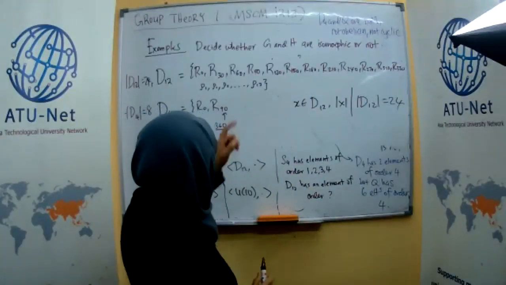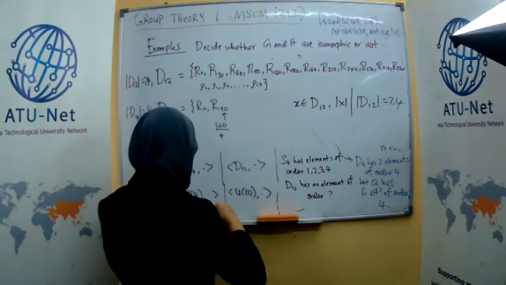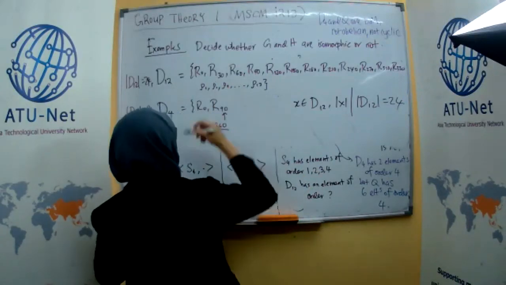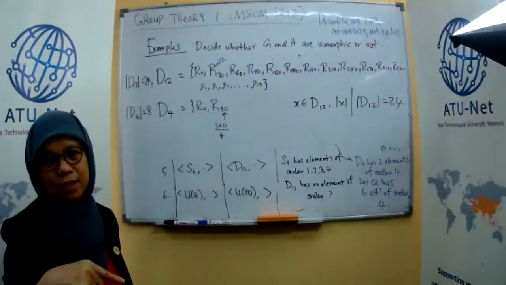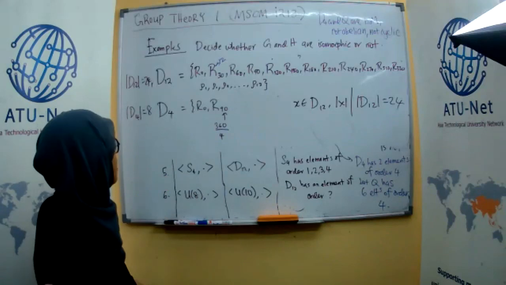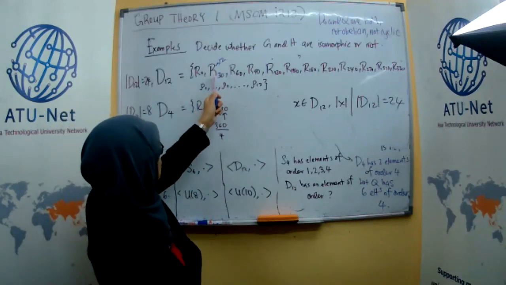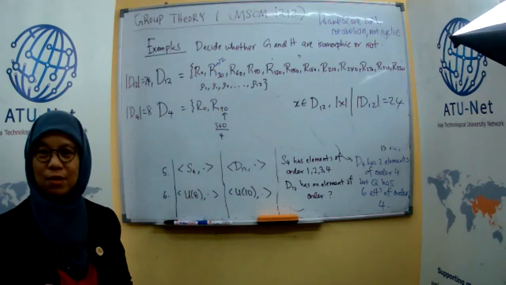But this one, see, this one is of order 12, right? 12 times 30 is 360, right? Okay, so just using this one already shows not isomorphic.